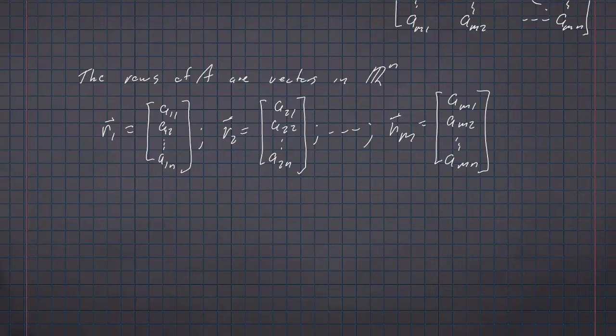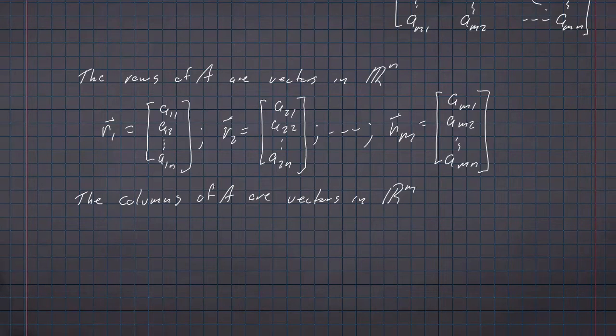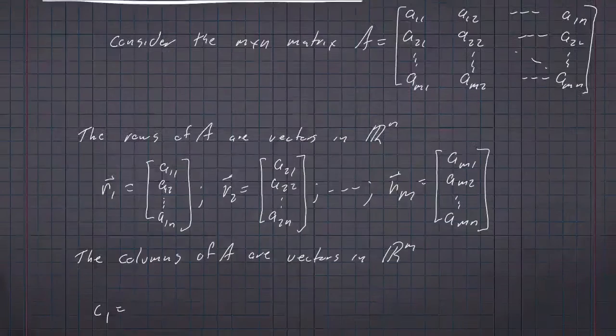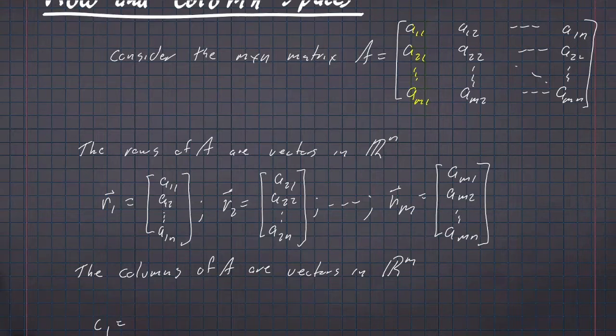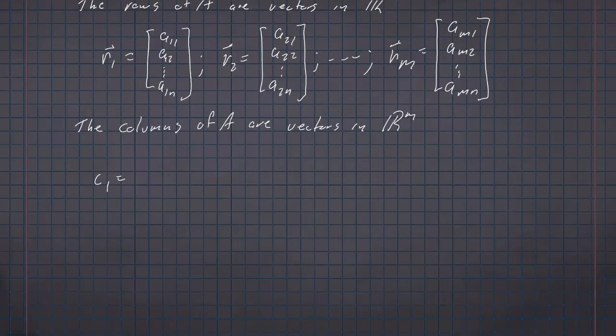And of course, the columns of this matrix are vectors in Rm. So we can name column 1. If I scroll up and take a look at it, right here we're taking the entries in a column, which actually does look like a vector. We've gone the other way often enough, taking vectors and writing them as the columns of a matrix. So we have A11, A21, down to A M1.